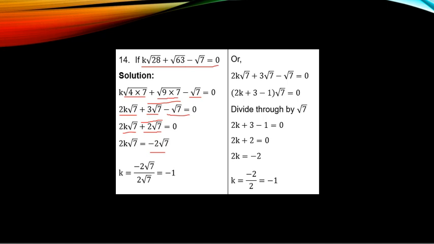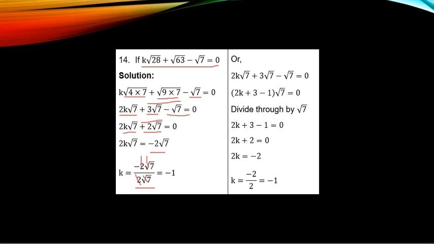So to get k now, divide both sides by 2 root 7. So k is equal to the right hand side, minus 2 root 7, divided by the coefficient of k, that is 2 root 7. Root 7 cancels root 7, divide 2 by 2, you have minus 1.